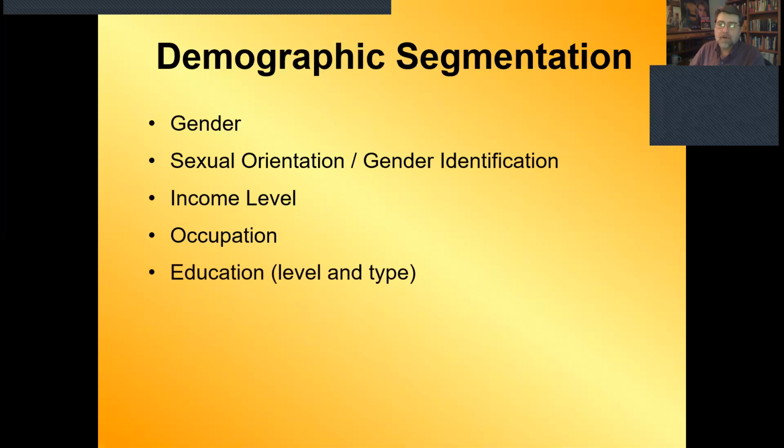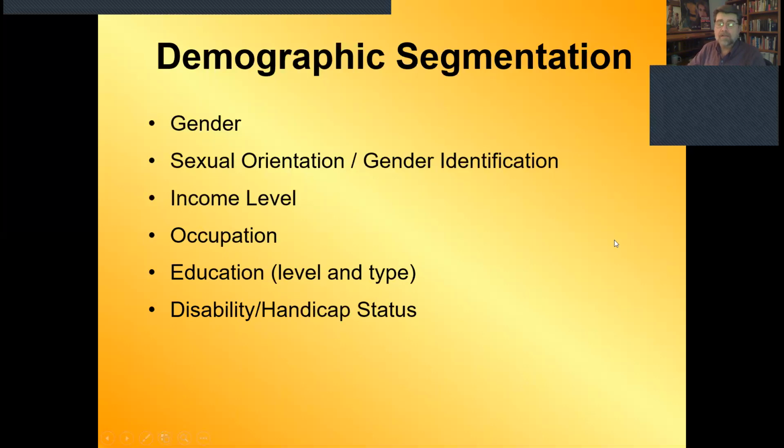Education, both level and type, academic versus vocational, and different levels. Handicap status or disability. These are all, and you could probably find a few more metrics under demographic segmentation.